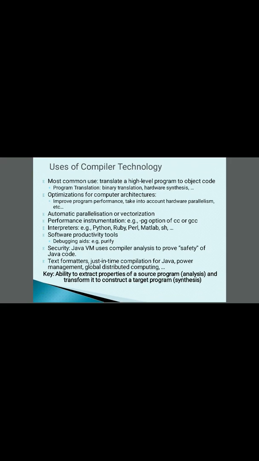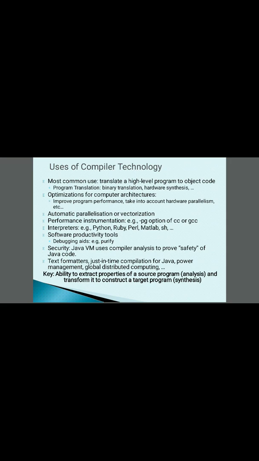These are all the different uses of the compiler. But one thing you understand here, whatever we consider as a programming language, you have to process your source program. You must be able to extract the properties from the source program, so that we call an analysis.